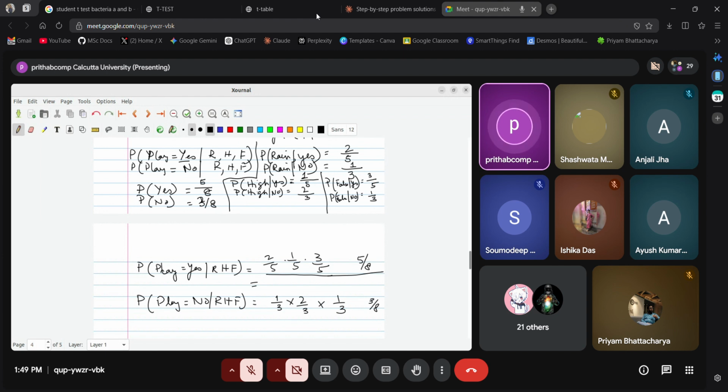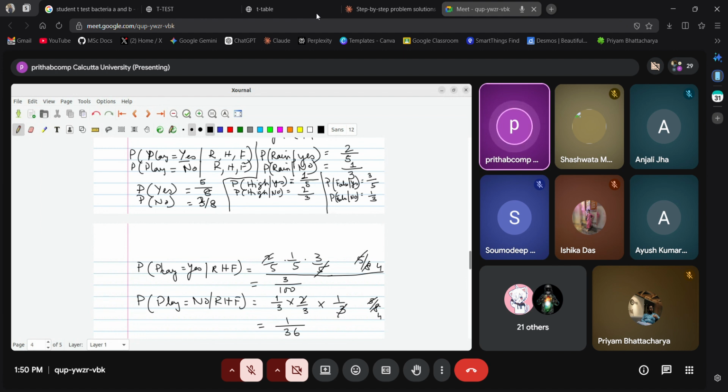So this becomes what? This 5 gets cancelled. 2, 4. So the first one becomes 3 divided by 100, and this comes out to be 2 divided by 4. So it is 1 divided by 36, right?